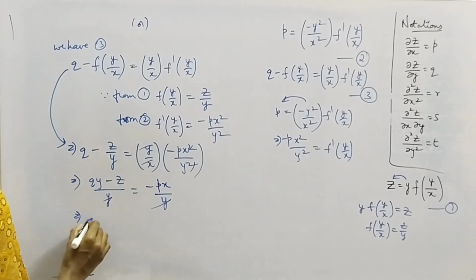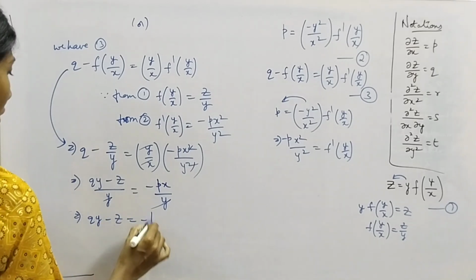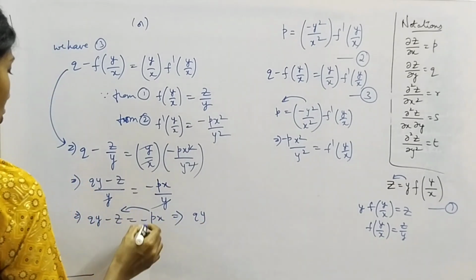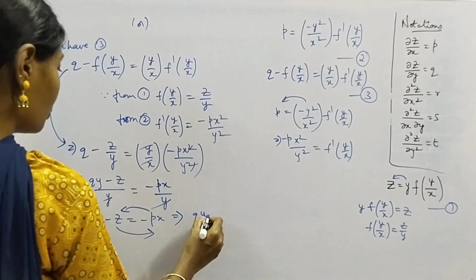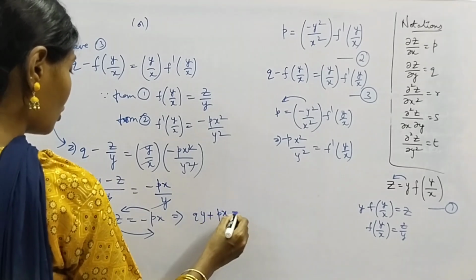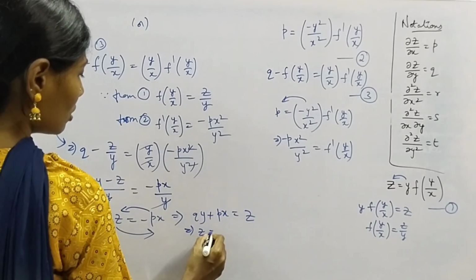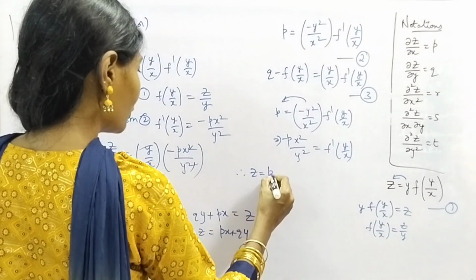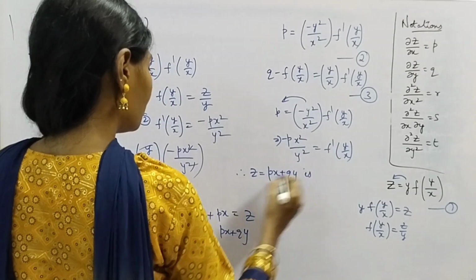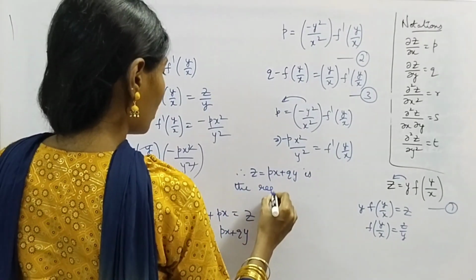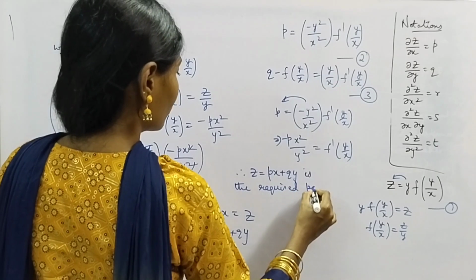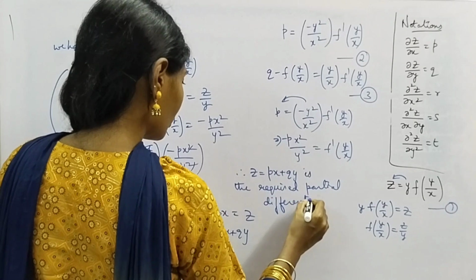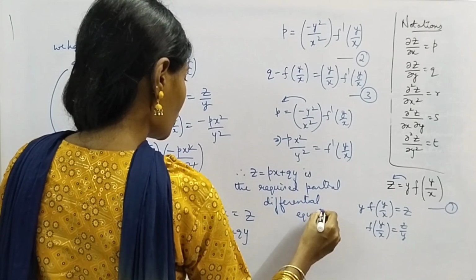Cancel this y, which gives us qy minus z equal to minus px, or qy plus px equal to z, or z equal to px plus qy. Therefore, z equal to px plus qy is the required partial differential equation, which completes the problem.